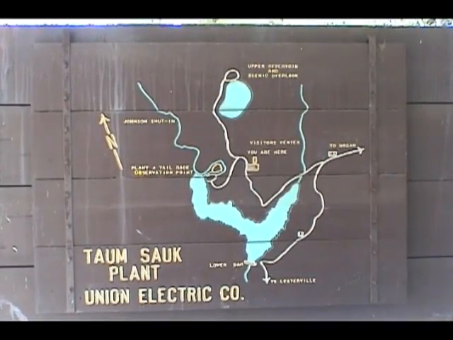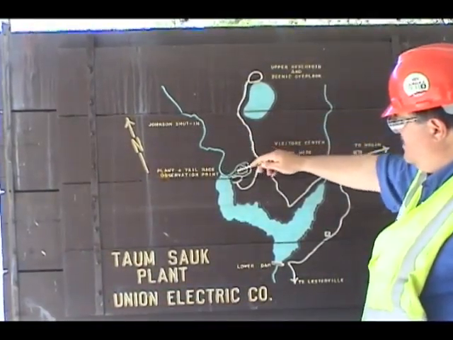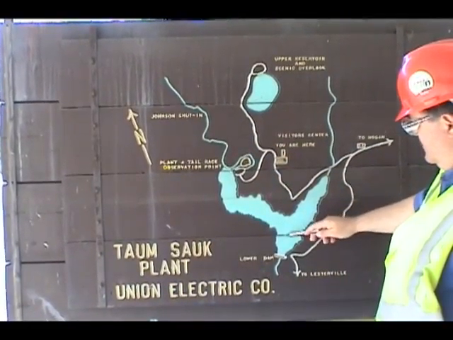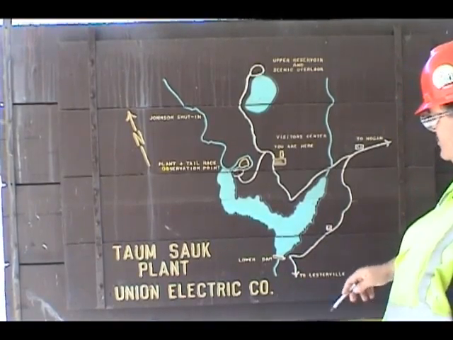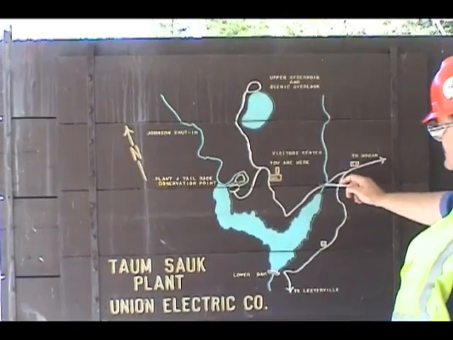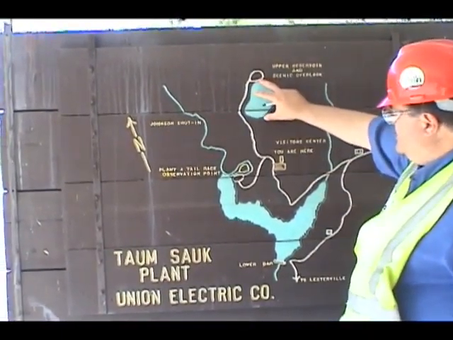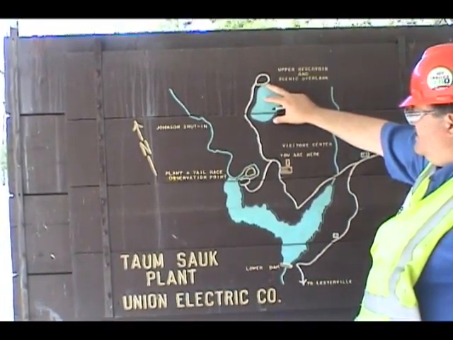So originally, the east fork of the Black River flowed through on this route. This was prior to construction. We had some feeder creeks coming in from here. It was Tom Saw Creek. So we had a mountain here that was Prophet Mountain.